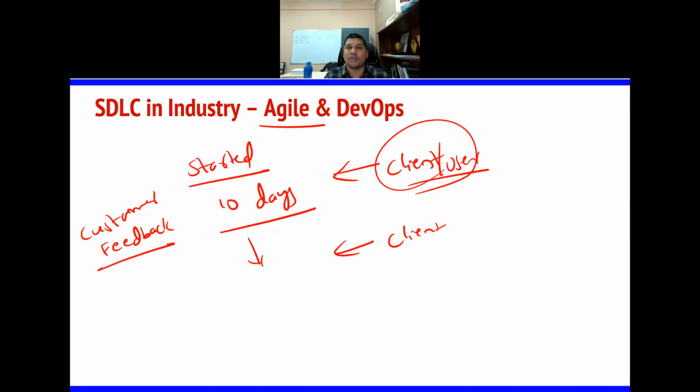Instead, it is good to involve him in all the phases. He is happy, he says do this way, do this way, and gives his changes. So our system is adaptable. That is the major point of Agile: involving the client or the customer in each phase of the development and showing him.